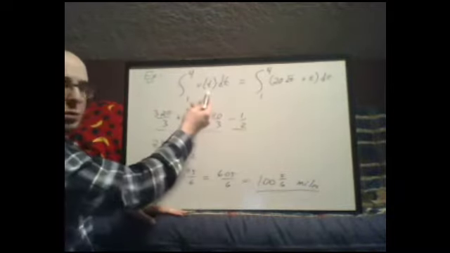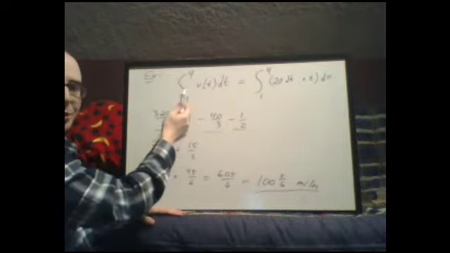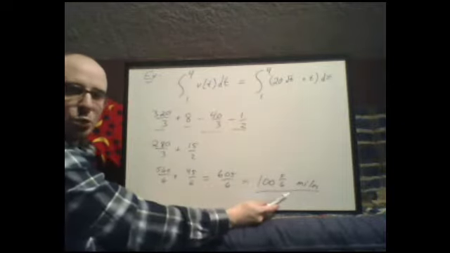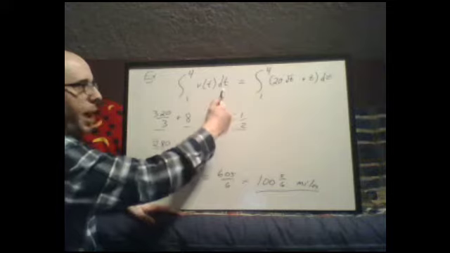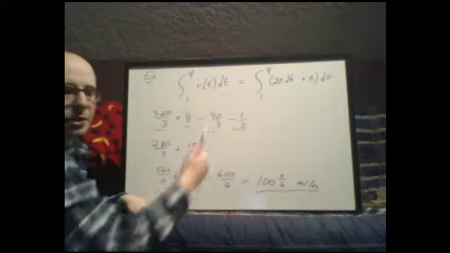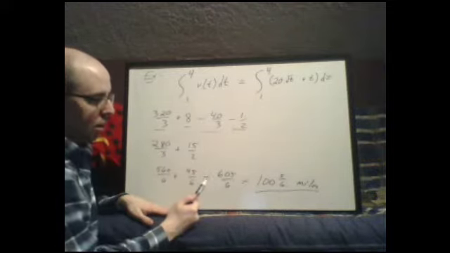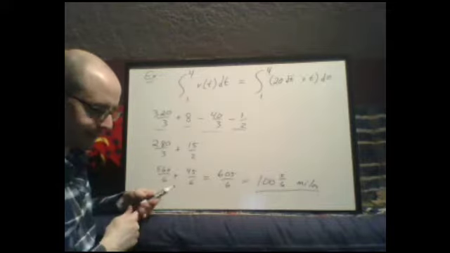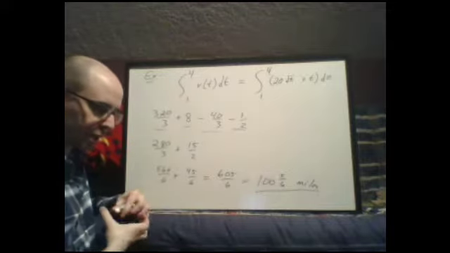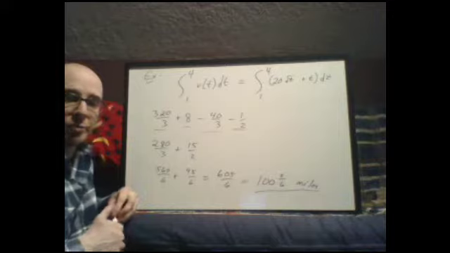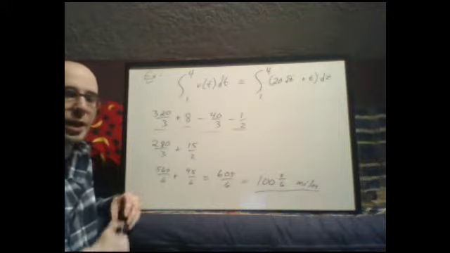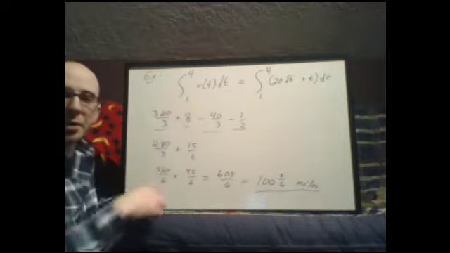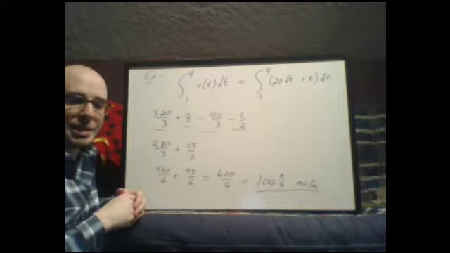And again, this is miles. Because our velocity was miles per hour. When we integrate it, we get something in miles. We lose the per hour because hour was the unit on our t. Okay, so these definite integrals, in application problems, the function you're generally integrating is a rate of change.